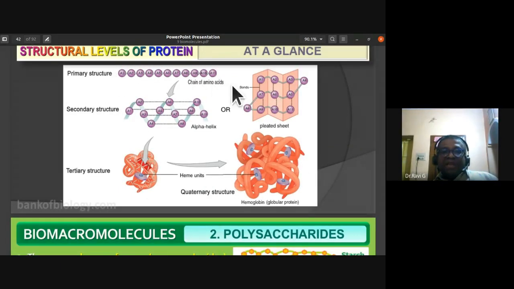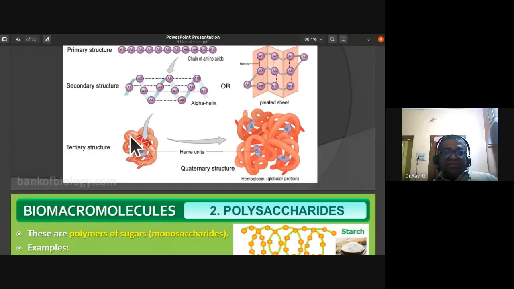So the primary structure will have a chain of amino acids. In the secondary structure, they have alpha helical structures, or they might have pleated sheets, as in the case of fibroin. Then in the tertiary structure, the helical structure is further folded to form a hollow woolen ball-like unit. This three-dimensional unit we call the tertiary structure.